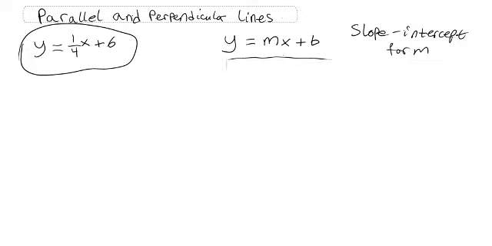And you can see it's called that because it indicates with this m is the slope, and b is the y-intercept. Okay, what does that mean?